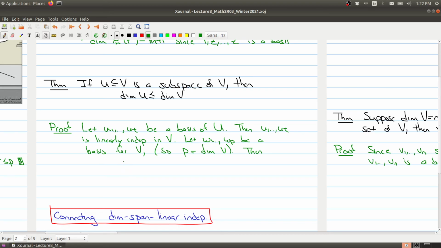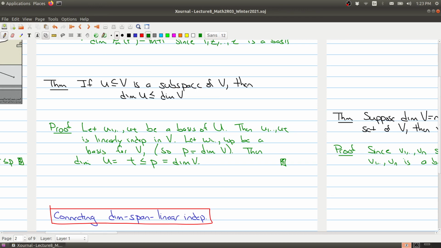So we get that T is less than or equal to P. T is the dimension of U, so the dimension of U, which is T, is less than or equal to P, which is equal to the dimension of V.